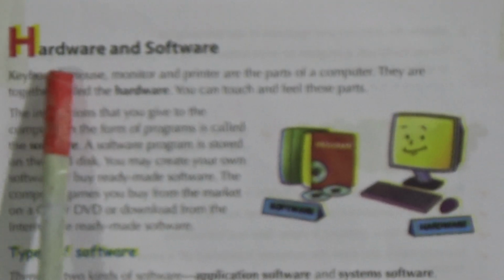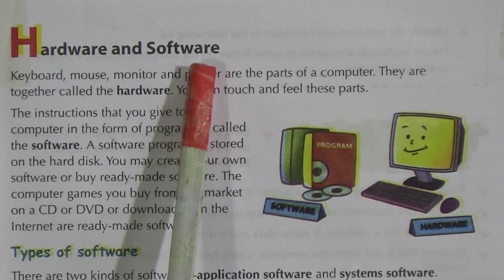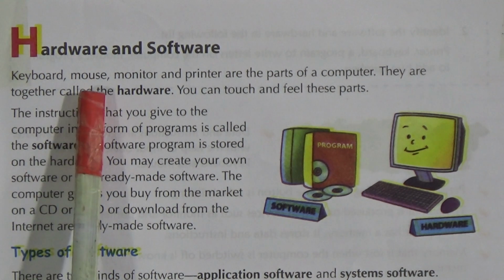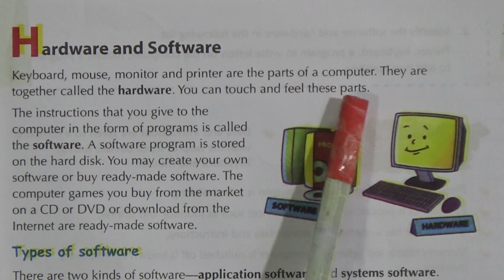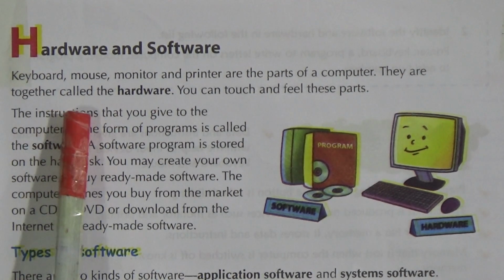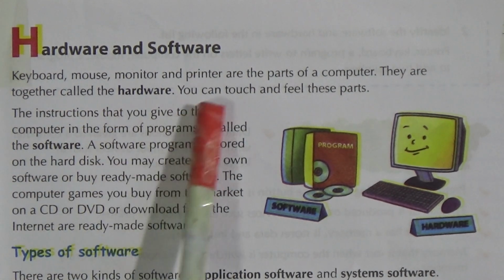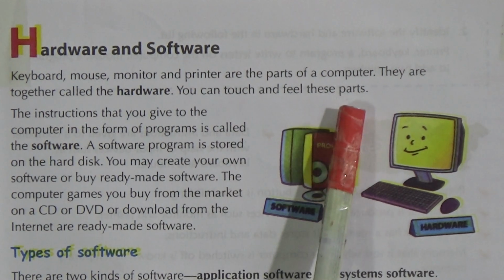Next we have hardware and software. Keyboard, mouse, monitor, and printer are the parts of a computer. They are together called the hardware. You can touch and feel these parts.